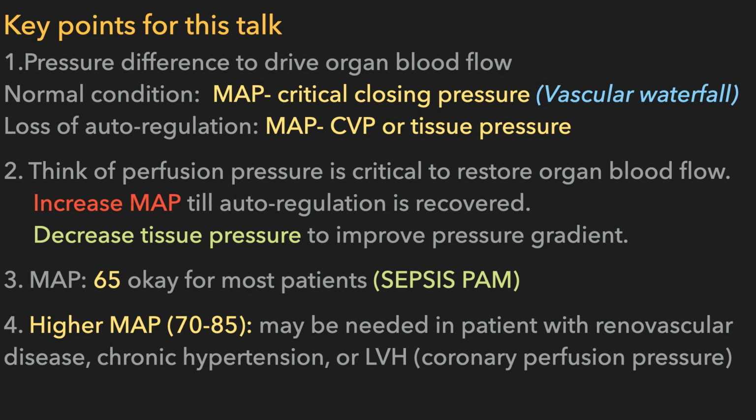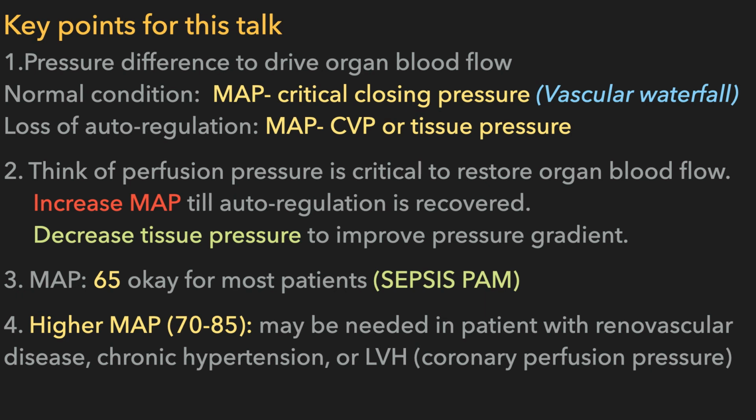The last part is we talked about the MAP goal. For most patients with sepsis, it's reasonable to set a MAP of 65 to 70, but for a subgroup of patients with chronic hypertension or renal vascular disease, it's okay to try to keep a MAP goal of 70 to 85 in order to improve renal blood flow.